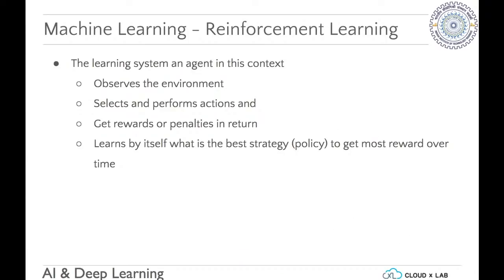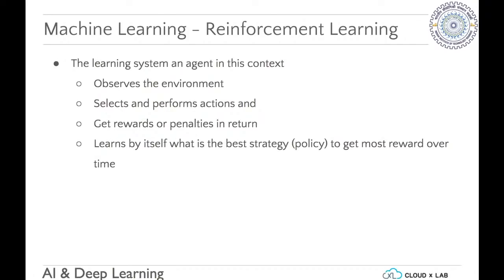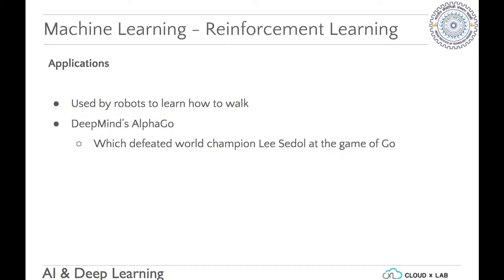In reinforcement learning, the learning system, the agent, observes the environment, selects and performs an action, gets a reward or punishment, and learns by itself what is the best strategy to get the best rewards or minimize the punishment. There are so many examples of reinforcement learning today, for example, robots that learn to walk.